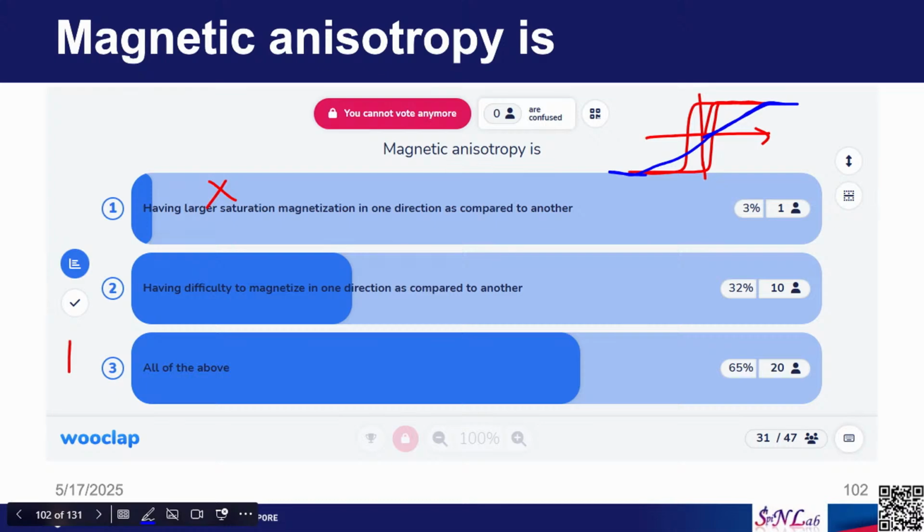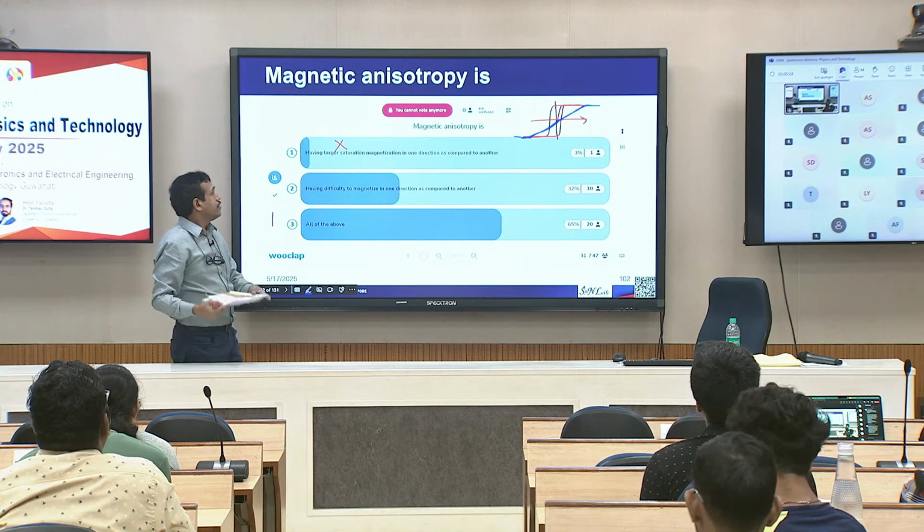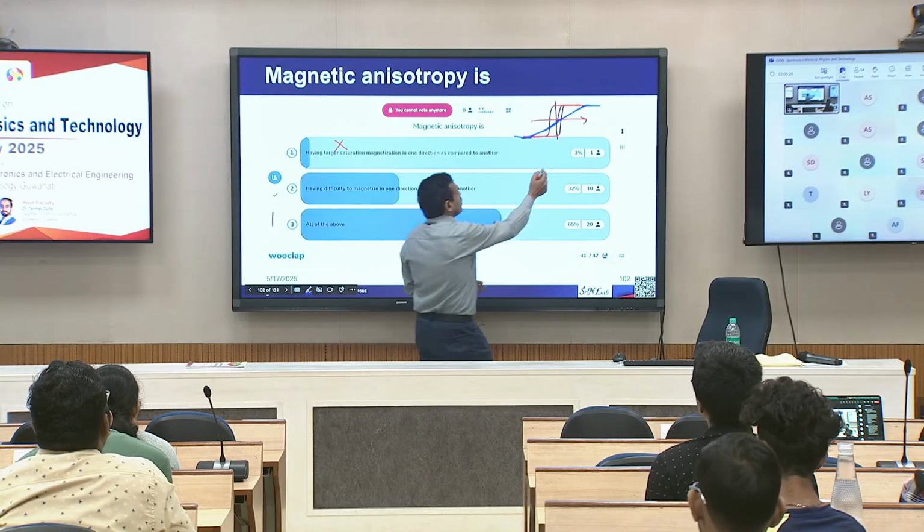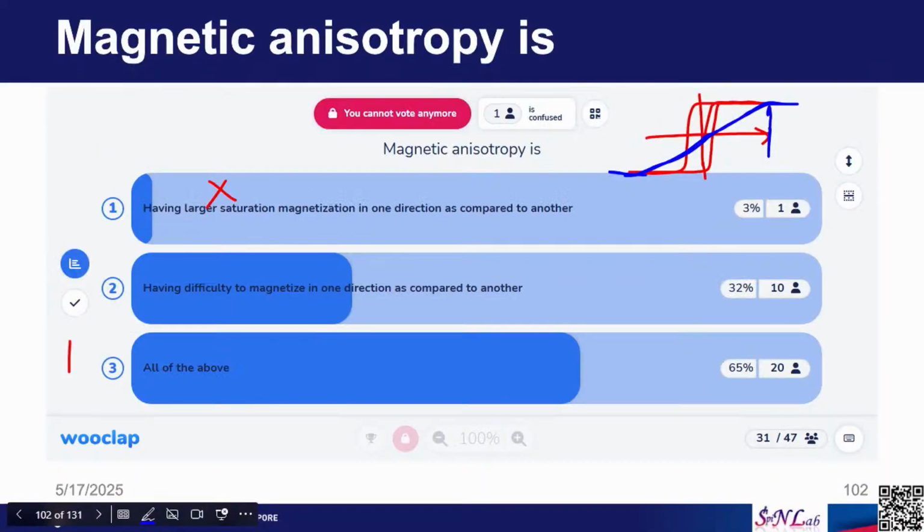My hysteresis loop may be something like this, in the hard direction. At a large field, what happens? At this field the MS is the same. Whether you apply magnetic field in the easy direction or hard direction, MS is the same.